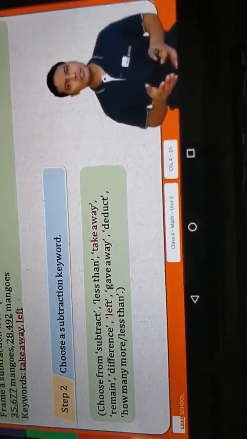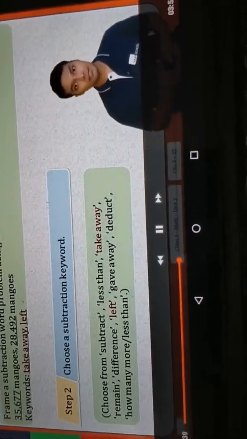So let's choose the keywords of the subtraction. Here we have take away and left.